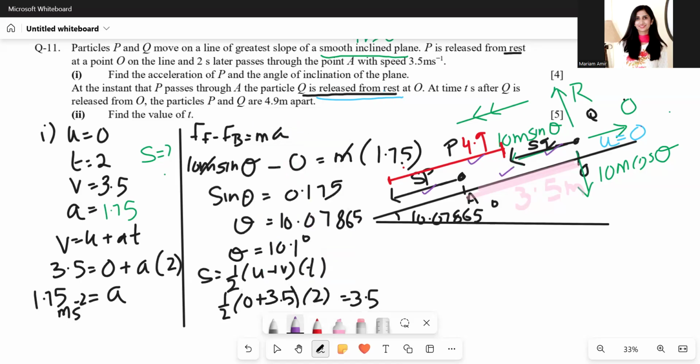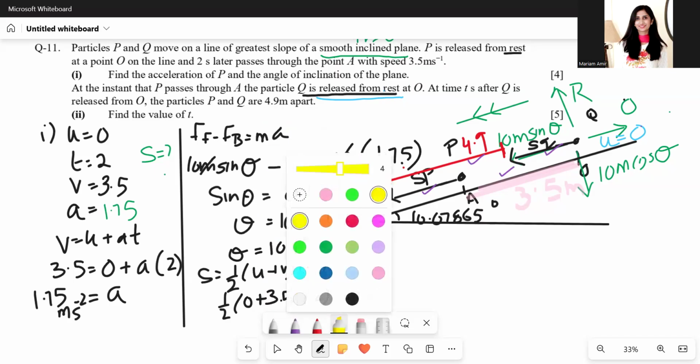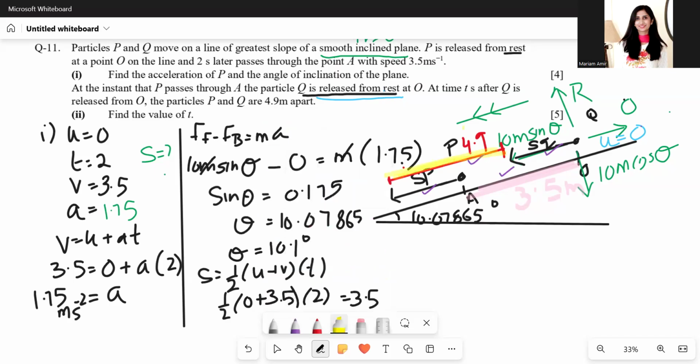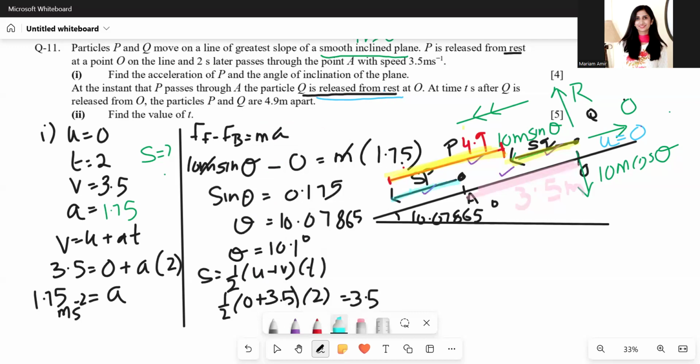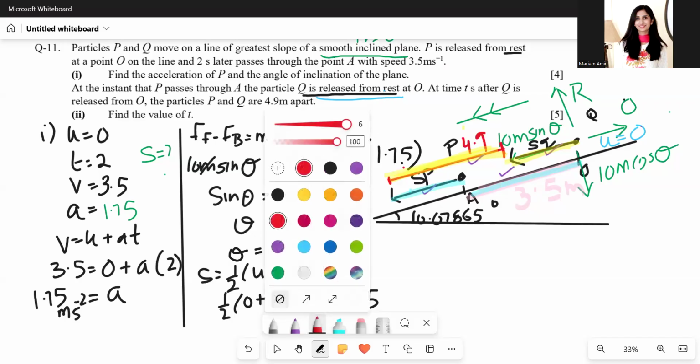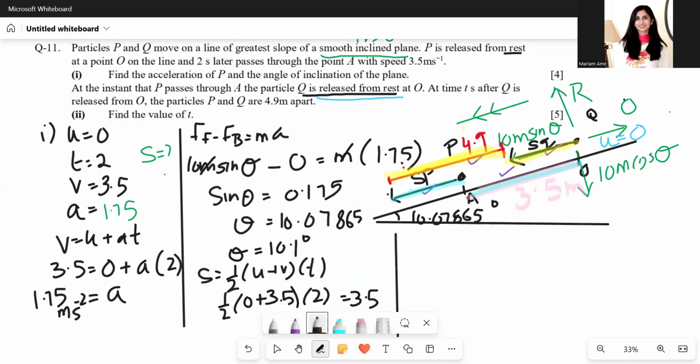If you look at the figure, notice that if I add this, which is 4.9, and this, which is distance covered by Q, this is the same length as SP plus 3.5. So let's form an equation: if you add 4.9 and the distance covered by Q, you get the same length as if you add the distance covered by P plus 3.5.